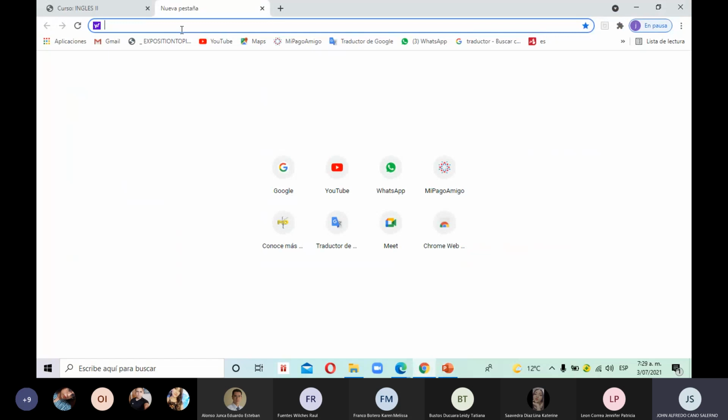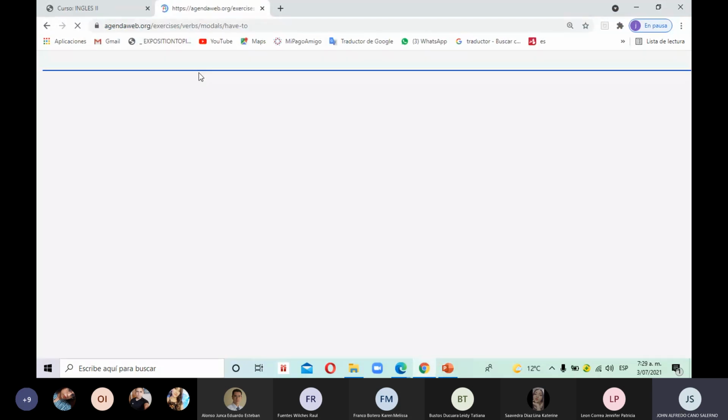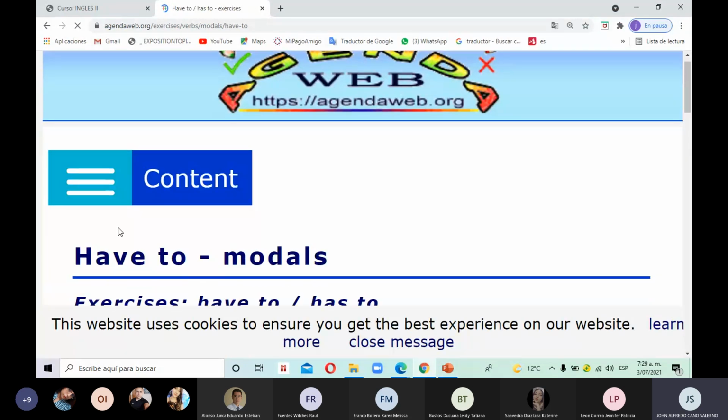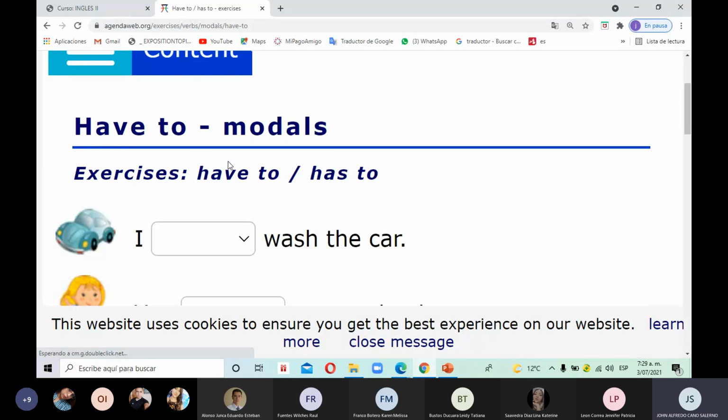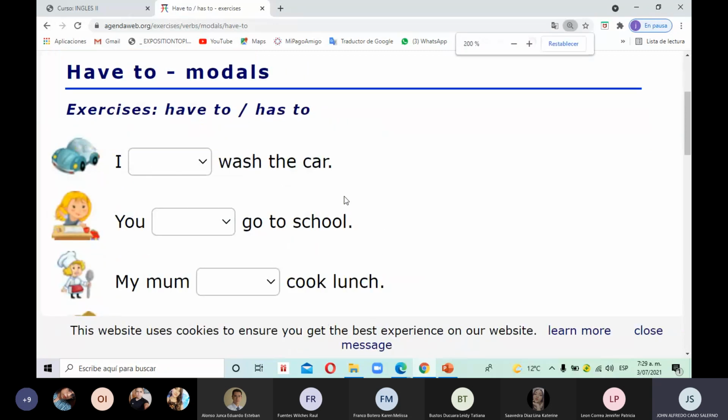Here we have two models. It's very, very easy. Have to or has to. If you want to talk, turn your microphone on. No se les olvide prender el micrófono para hablar.